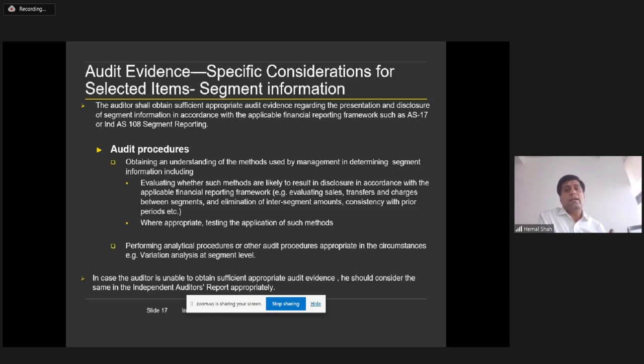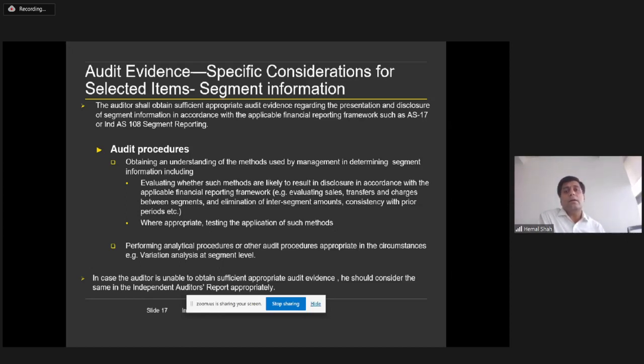So if the risk and rewards are different, then the auditor should assess and challenge the management as to whether the disclosure made is sufficient or not. Similarly, under Ind AS, if the reports which are going to the chief decision maker are completely different as compared to what is given in the financial statement, auditors should challenge as to why the same information is not shown as segment reporting.